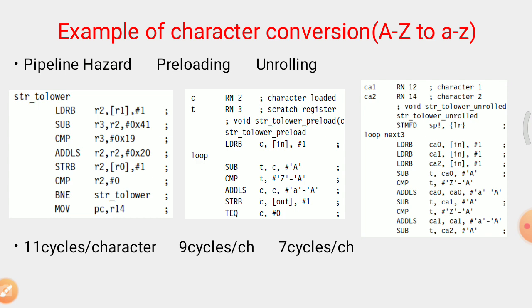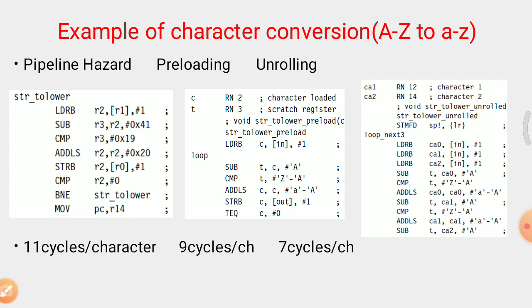Before starting the second loop, all the values are updated in the first loop. So there is no dependency on the LDRB instruction. This way, we can save at least 2 cycles per character conversion. But when we divide into loops, the code size increases. So with preloading, conversion of one character consumes 9 cycles; we save at least 2 cycles.